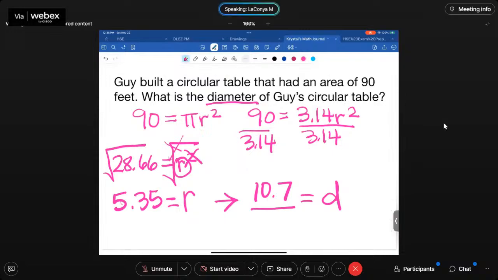Can we do one more then? I think Miss Maria has her hand up. I'm listening. I just want to know, how do we put that into the calculator? Can we do the square root of 28.66? What kind of calculator are you using? I have the TI-30XS.